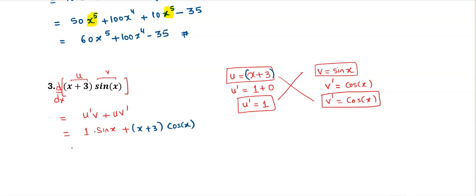So on solving, 1 into sine x is sine x. And then in the same way, multiply this cos x with 3 and cos x with x. So this gives you x cos x plus 3 cosine of x. I hope it's clear now.